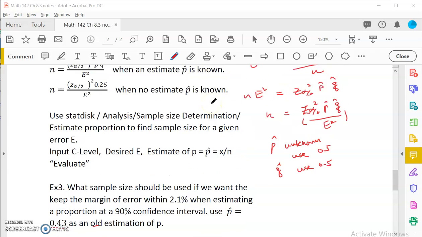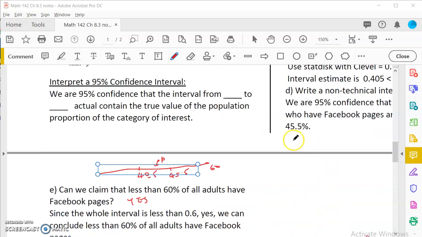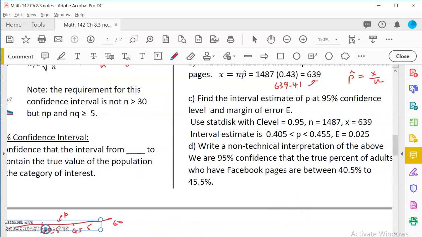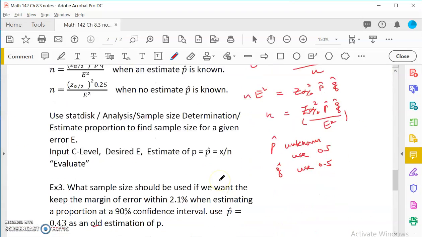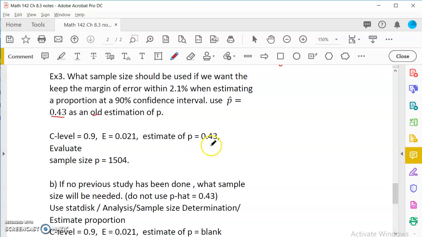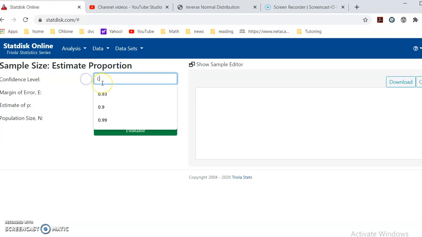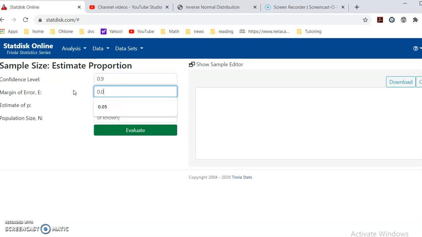Because last time when I did this, my margin of error was 0.25, and I found that it is too big, so I want to lower it. And I want to find out what sample size to use. So I would say E is 0.021, the old estimate is 0.43, and I want 90%, so I plug in 0.9.